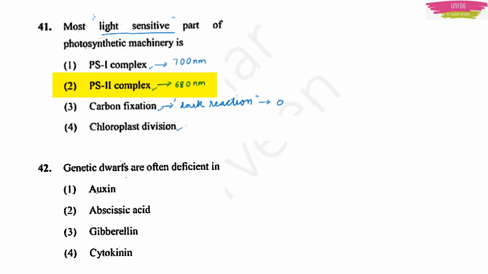Next question is, genetic dwarfs are often deficient in, and the options are given as auxins, abscisic acid, gibberellins and cytokinin. In the first option, auxins, if there is a lack of this plant hormone, then the nutrient supply isn't reaching the plants.